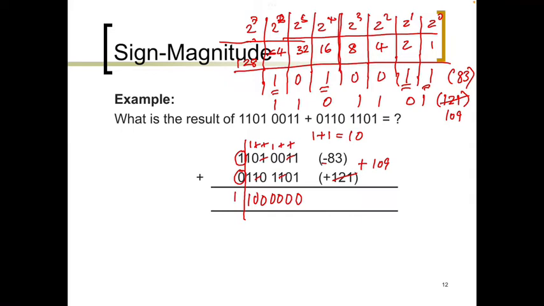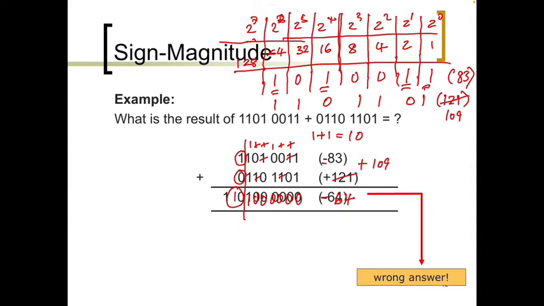Because we have the sign bit 1 here, that means we have negative. And if you put 1 0 0 0 here, it means 64. So this is not correct, this is a wrong answer.